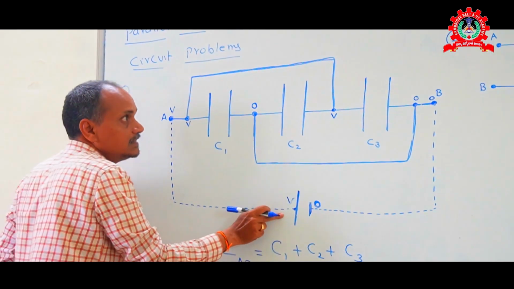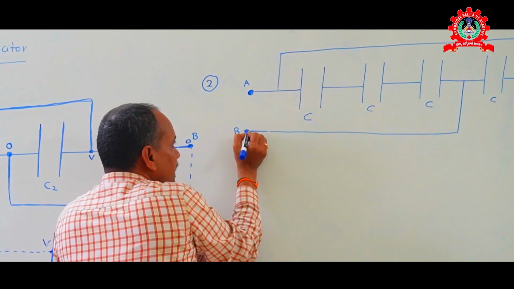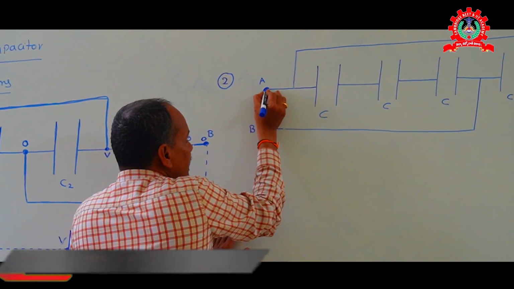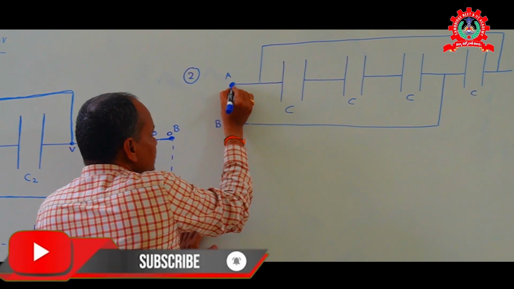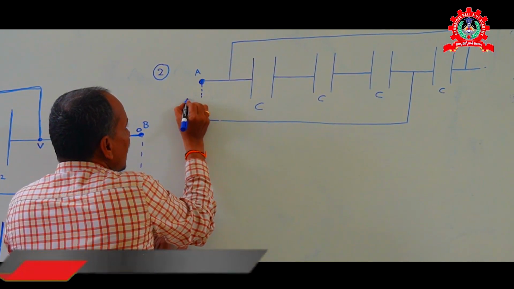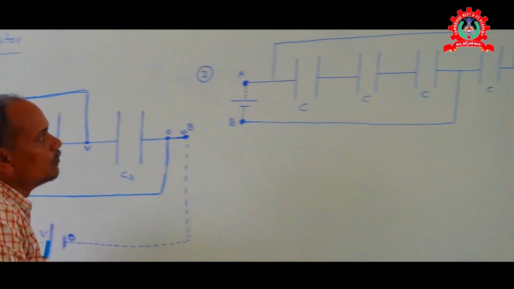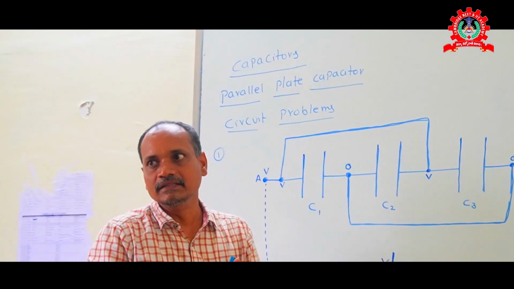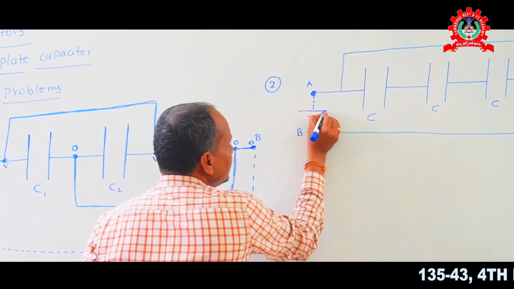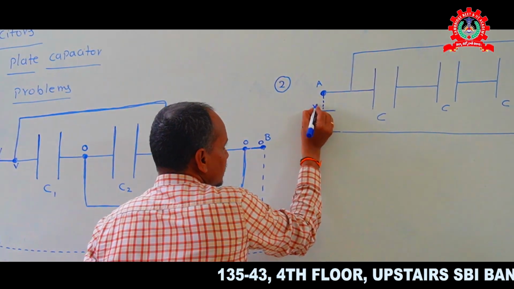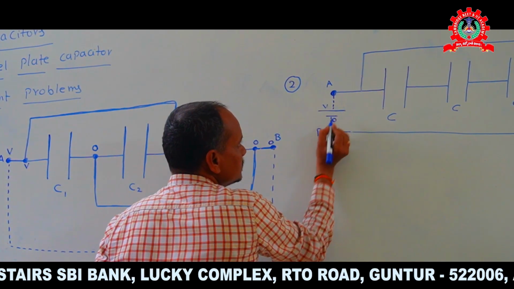In this problem also, to find the equivalent capacitance between A and B, we imagine one cell or battery like this, so that for this positively charged plate the potential is V, and for this negatively charged plate the potential is 0.